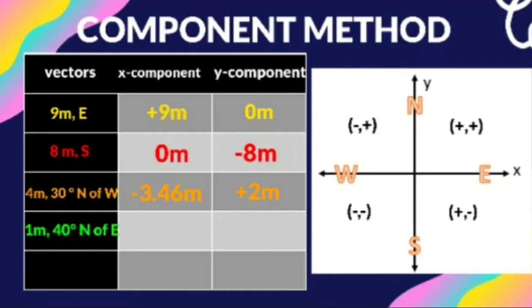Our fourth vector is 1 meter 40 degrees north of east. Our x component is positive 0.77 meters and y component is positive 0.64 meters.